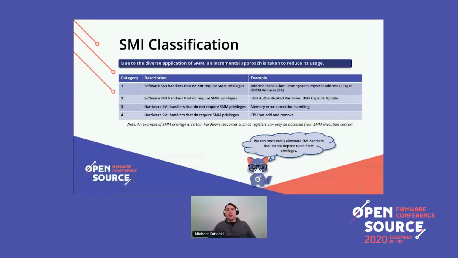There are a set of registers inside the system that you can only access if you're in SMM. They're not accessible outside SMM. That would be an example. If code is depending on that register, you would need SMM privilege for that code. And so, as it says at the bottom, we can most easily eliminate SMI handlers that do not depend upon SMM privileges.